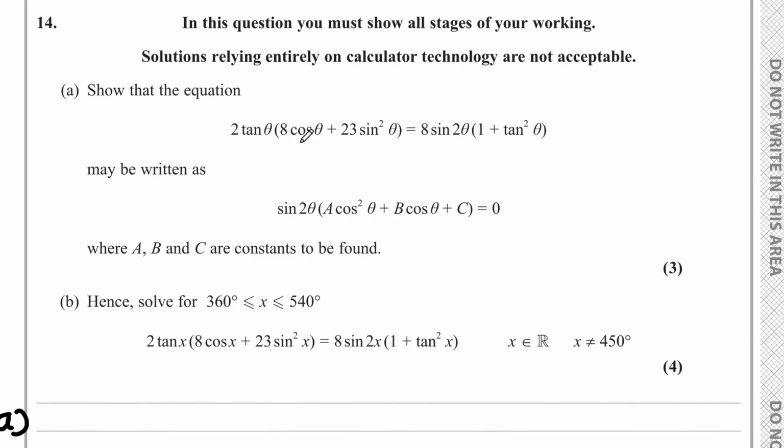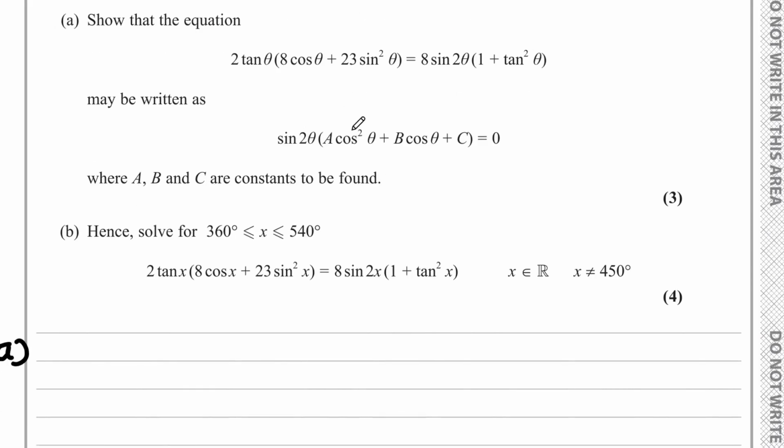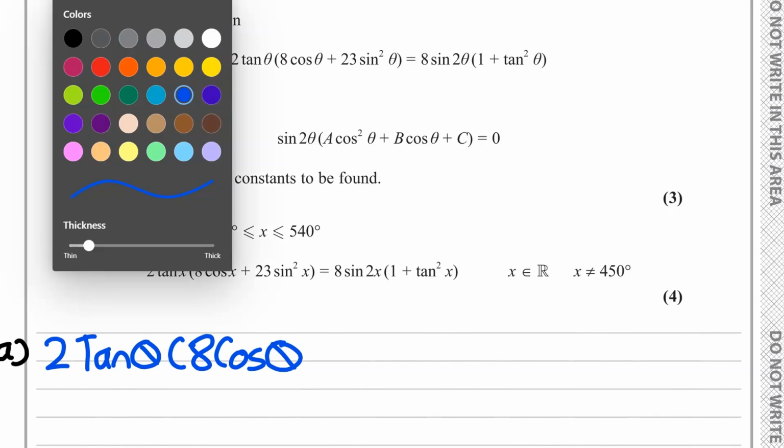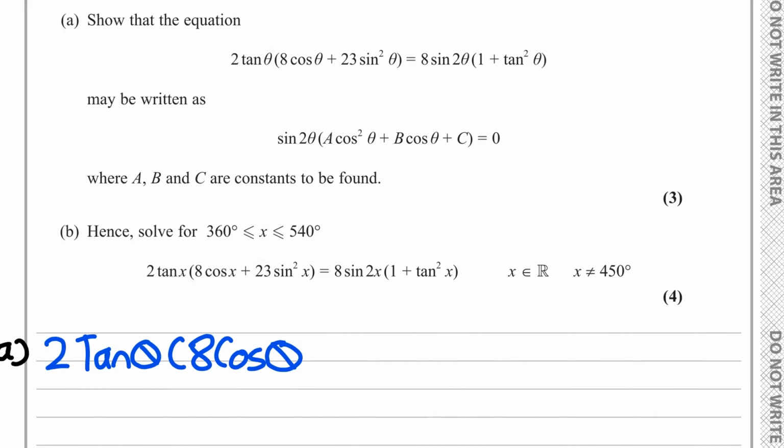So in order to simplify this, let's keep this as 2 tan theta for now, and then it's going to be 8 cos theta. Now remember, we don't want sin squared theta in this final answer, so this is a sign that we can use the trigonometric identity that sin squared theta plus cos squared theta is equivalent to 1.